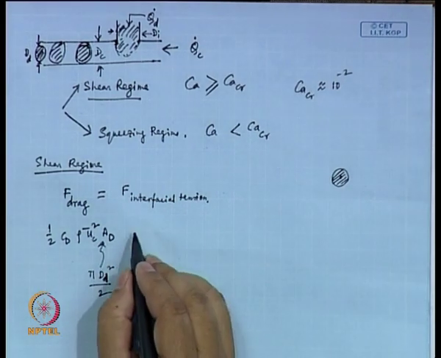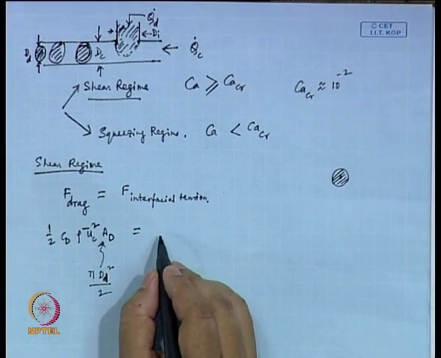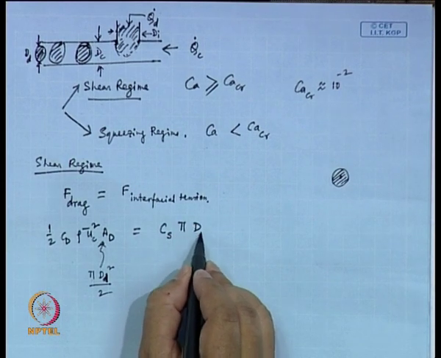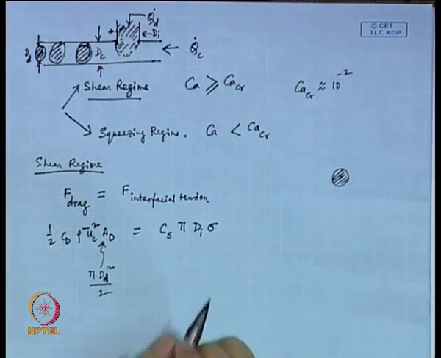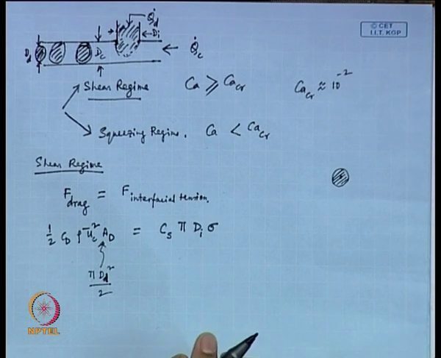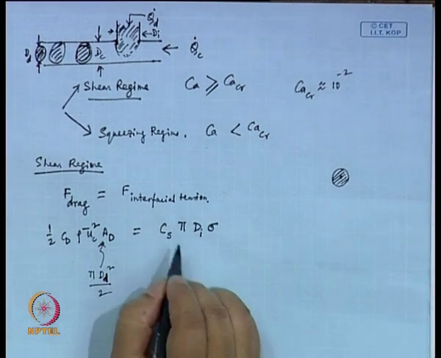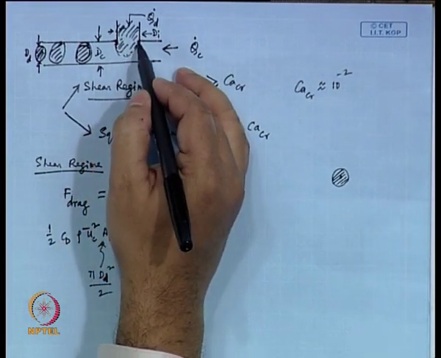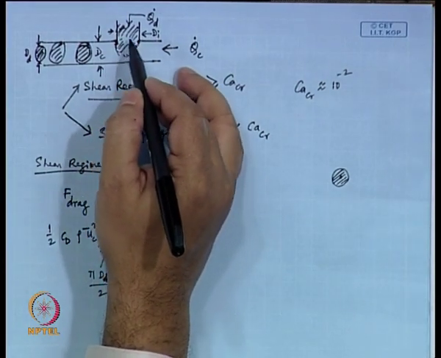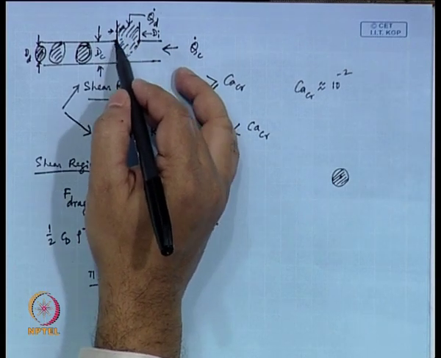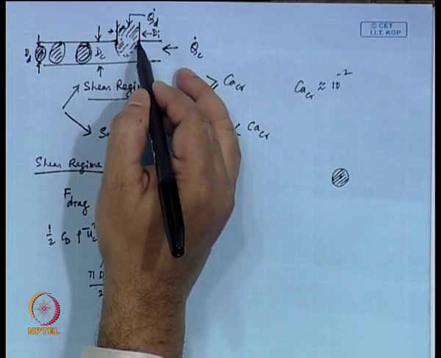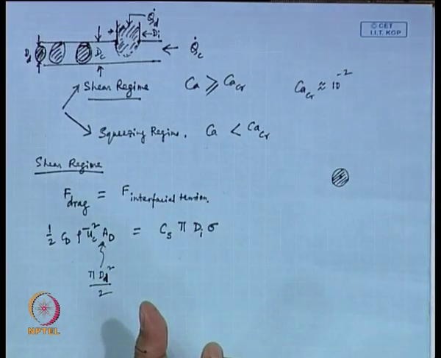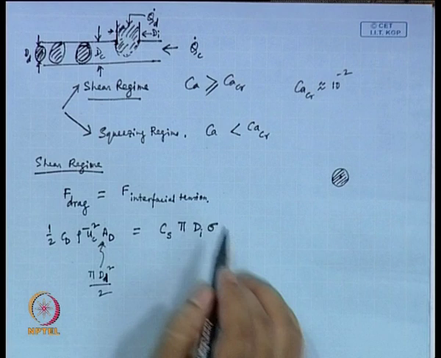What we are going to do here is equate this with Cs pi di sigma. You understand, di is the diameter of the arm, and this perimeter is holding the droplet phase by interfacial tension at the time of detachment.